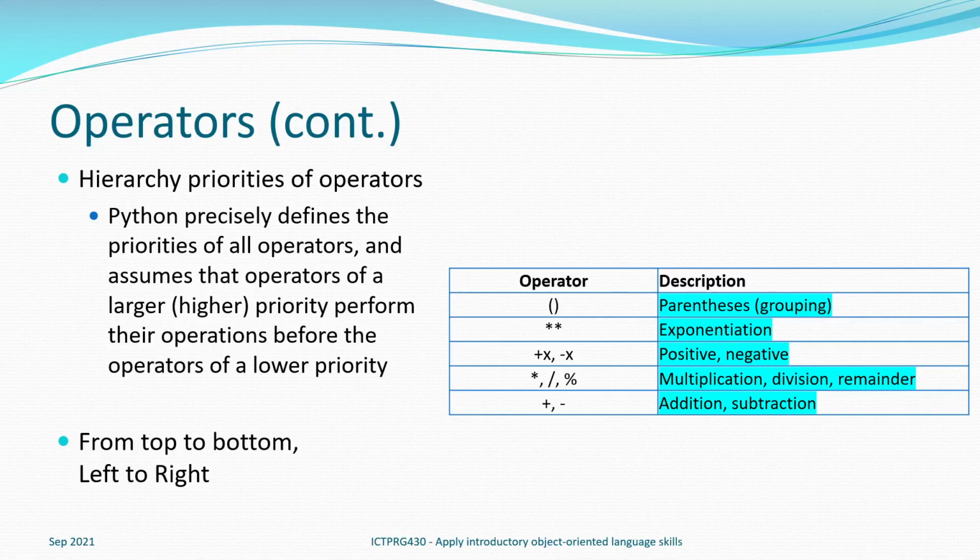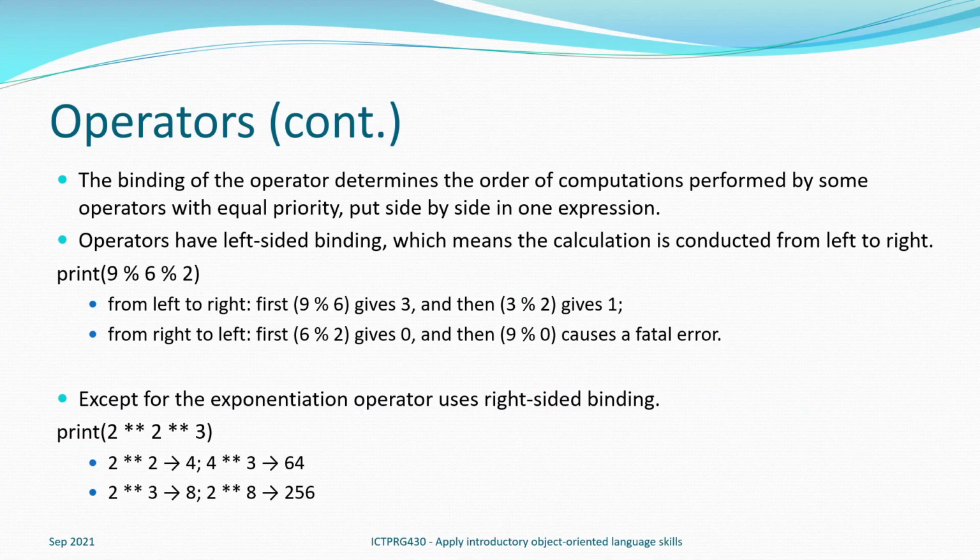So our groupings: anything in brackets, the exponents, positives, negatives, multiplication, division, remainder, then good old addition and subtraction. This is the order that these things will occur.